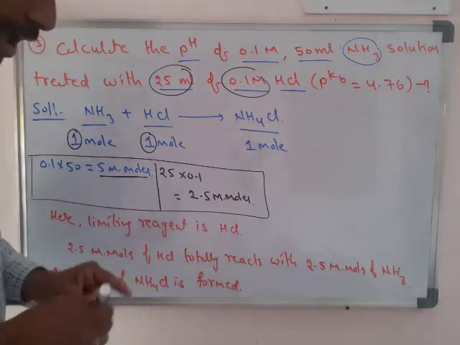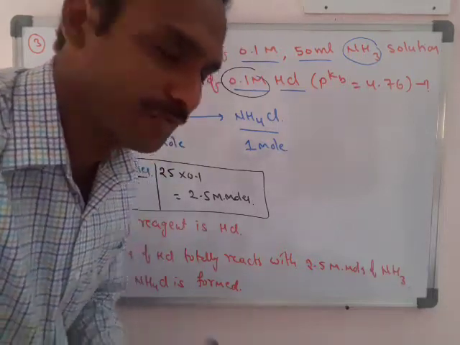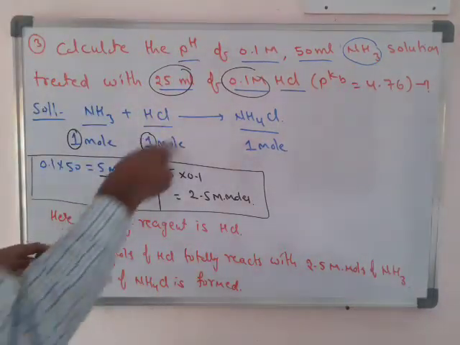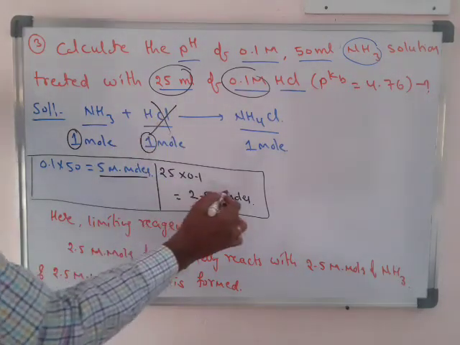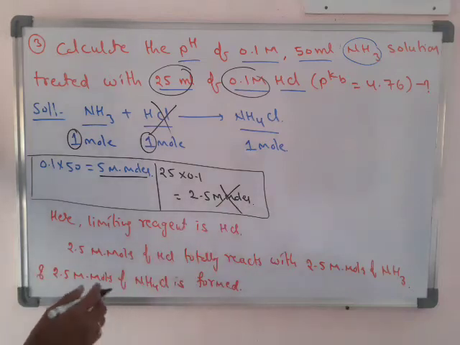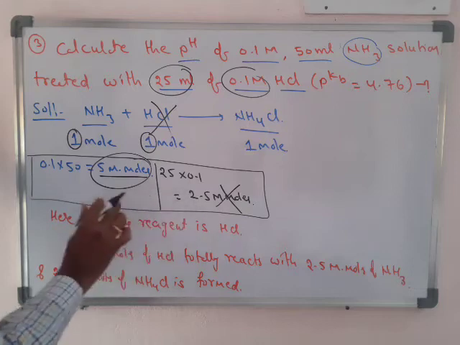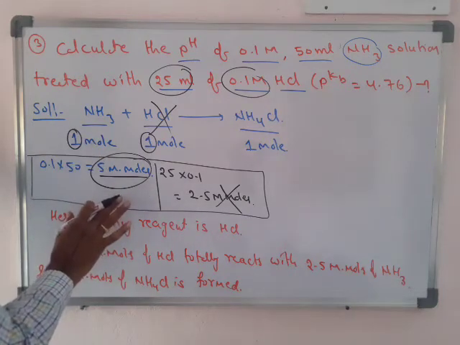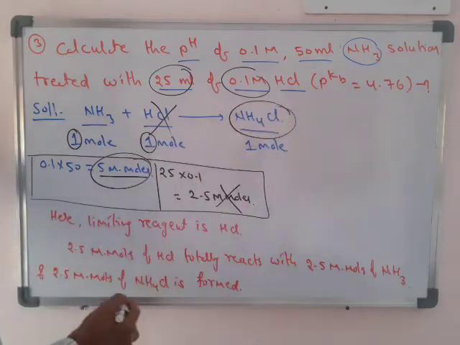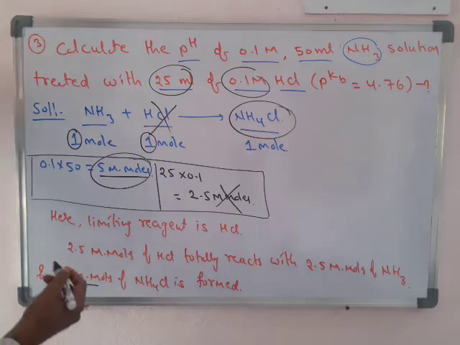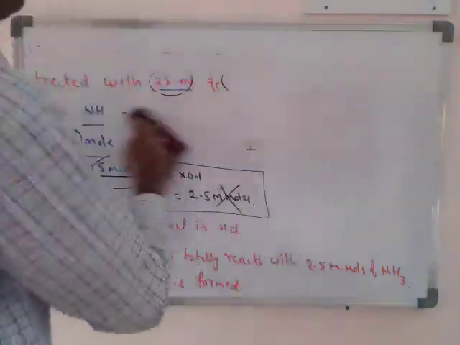So now observe the final solution. After completion of the reaction, what do we observe? There is a total consumption of HCl. Now there is no HCl present. Total 2.5 HCl is reacted. Out of the 5 millimoles of ammonia, only 2.5 is reacted. Therefore now there is 2.5 millimoles of ammonia present, and ammonium chloride formed is also 2.5 millimoles. So we can write after the reaction.